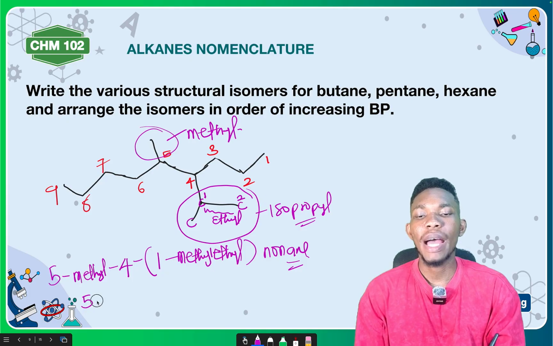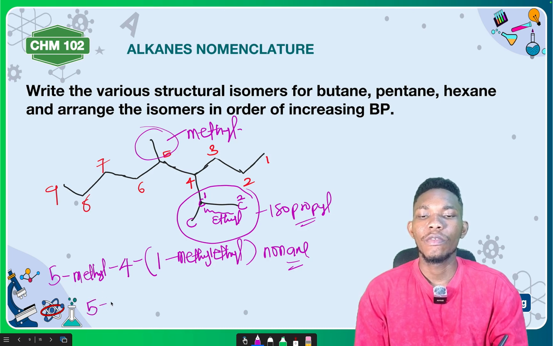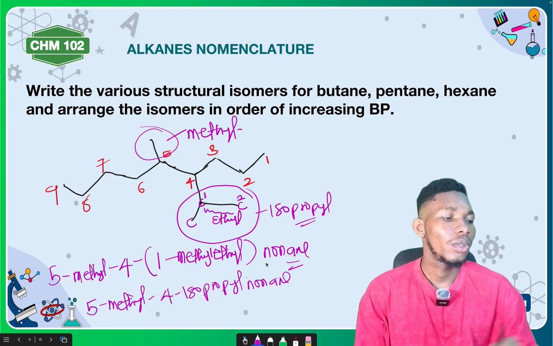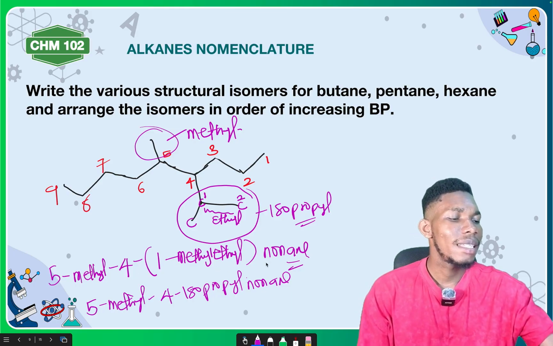So here it becomes 5-methyl, 4-isopropyl, and then nonane, instead of the 4 bracket 1-methyl ethyl nonane. Is that okay? That is the general way of naming a compound of this nature.